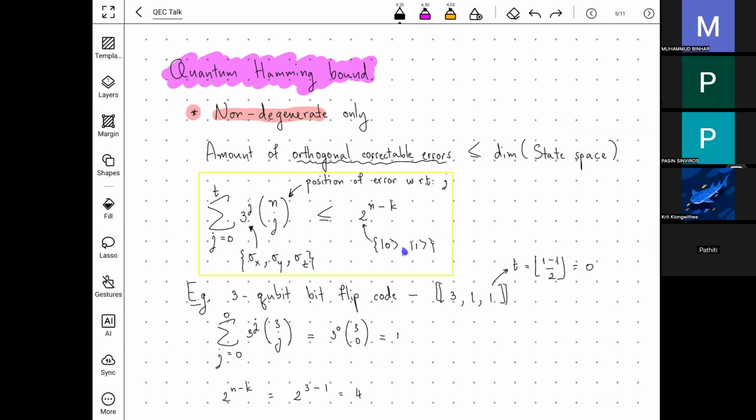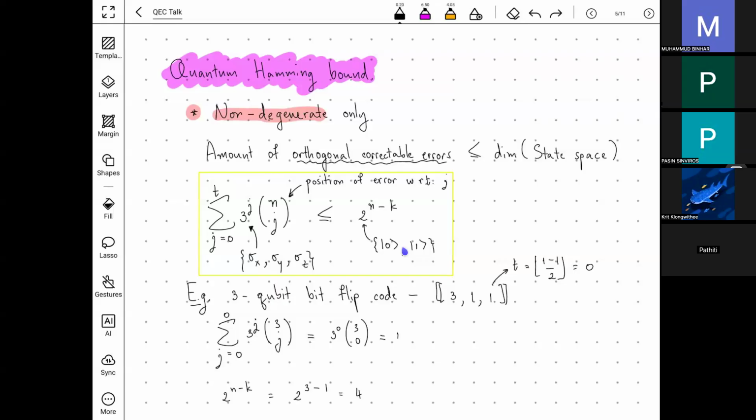Yeah, and what is sigma x times sigma y? Something with sigma z, right? Sorry, did I write times? No, I wrote that there are three possible errors that can occur on any bit, and those errors are represented by sigma x, y, and z.